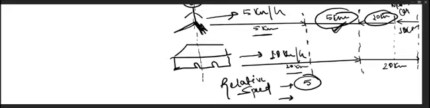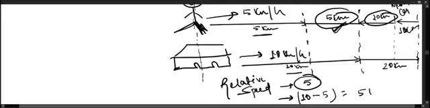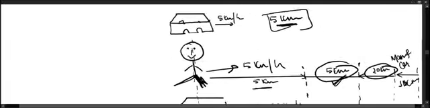And how do we get the relative speed of 5? By subtracting the speed of the man from the speed of the car. That is 10 minus 5 equals 5 kilometers per hour. So it is one of the cases of relative speed.